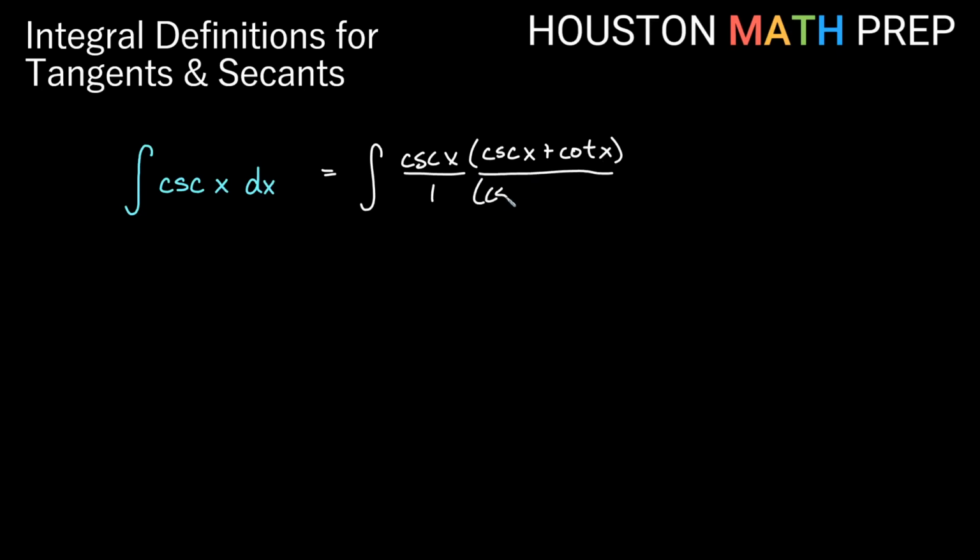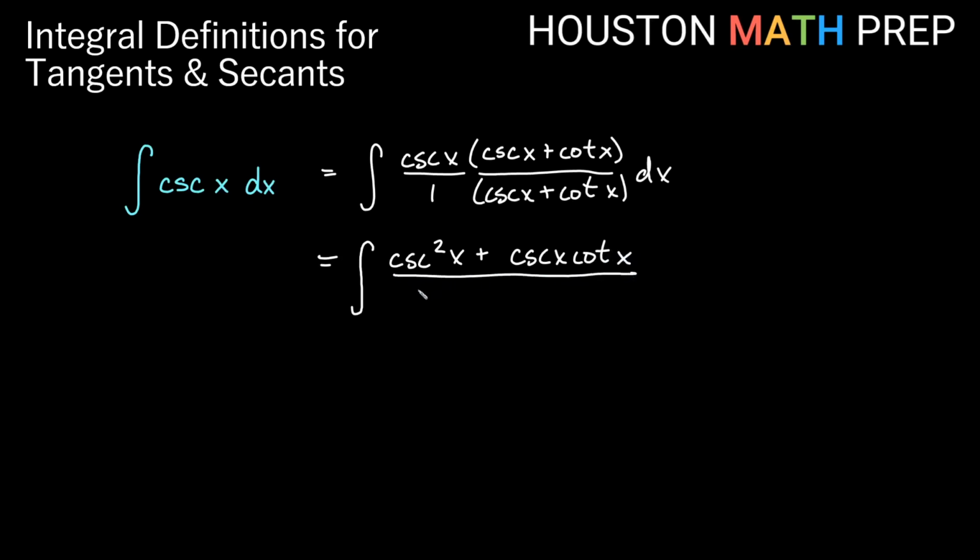And it will work out in a similar way if we do this. Now let's say what we have on the top there. We would actually get cosecant squared x plus cosecant x cotangent x on the top. On the bottom, we just have what we multiplied by.